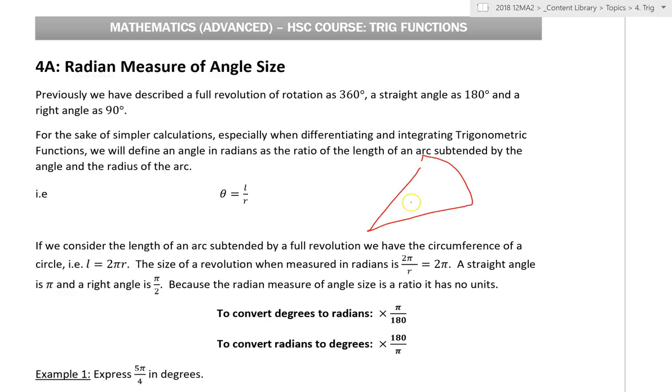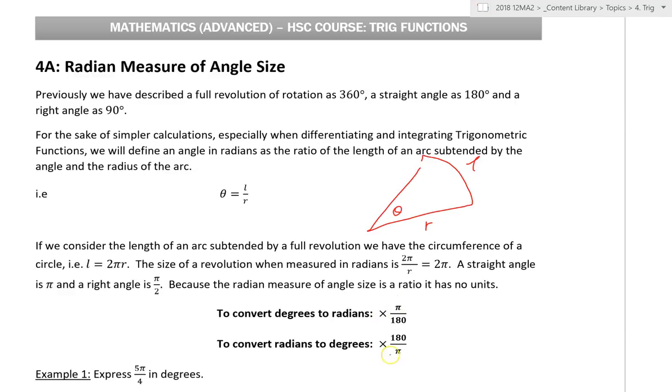If I have some arc length L, that's my radius, and that's theta, then the length of this curve divided by the radius gives me the angle measured in radians. For the full circle, the circumference is 2 pi r, and dividing by r I just get 2 pi. So 360 degrees is equivalent to 2 pi, 180 degrees is pi, and 90 degrees is pi over 2.